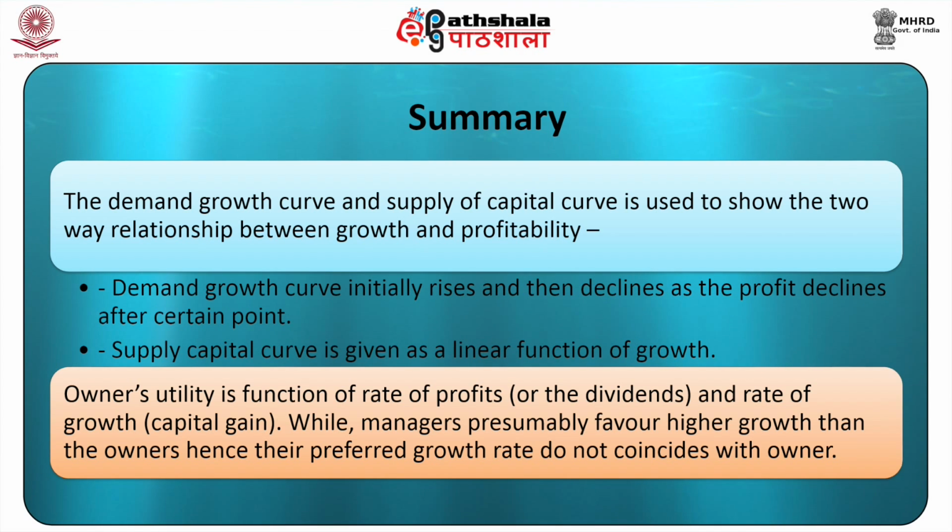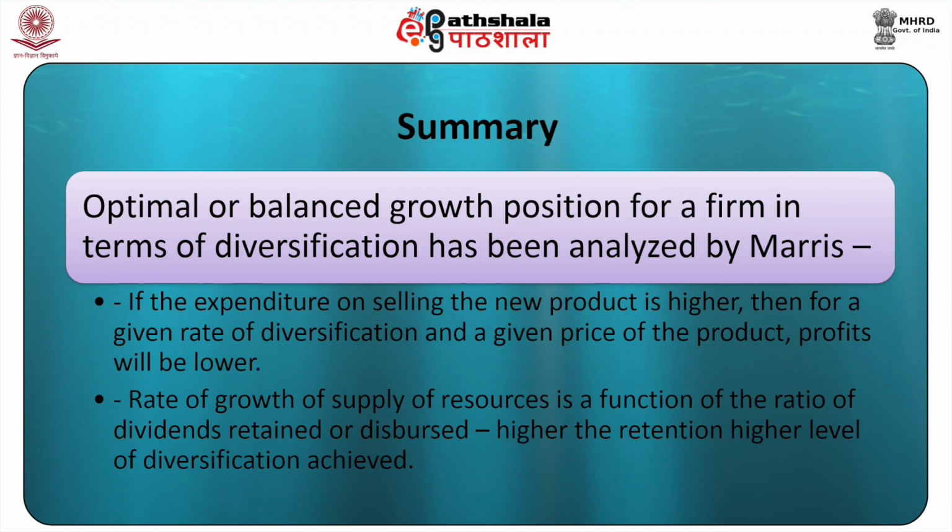Owner's utility is a function of the rate of profits or the dividends and the rate of growth, which is the capital gain. Managers presumably favor higher growth than the owners, hence their preferred growth rate does not coincide with the owners'. Optimal or balanced growth position for a firm in terms of diversification has been analyzed by Marris.